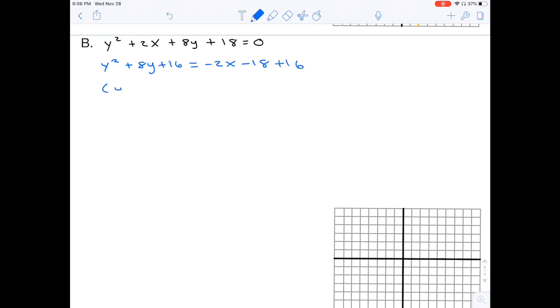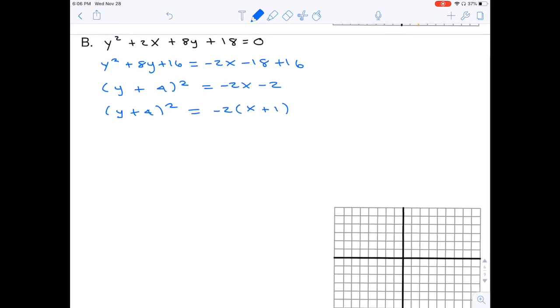So this becomes y plus 4 squared equals negative 2x minus 2. Remember, the number in front of x has to be positive 1, so I'm going to factor out a negative 2 out of both of those terms, and then I'm going to multiply by negative 1/2.